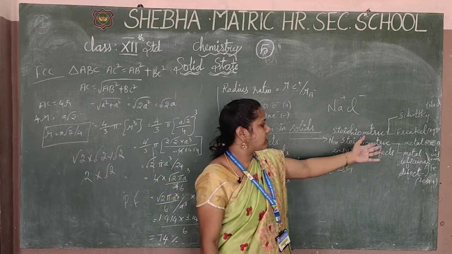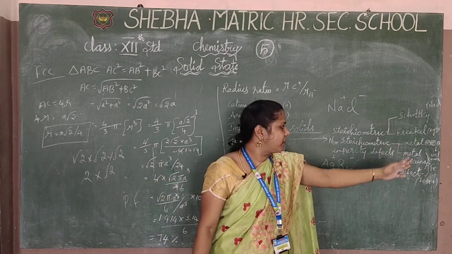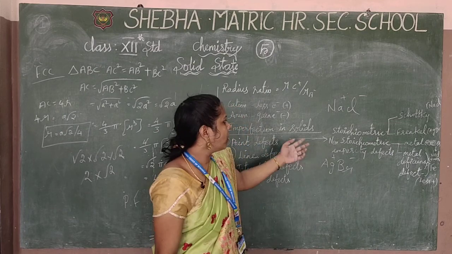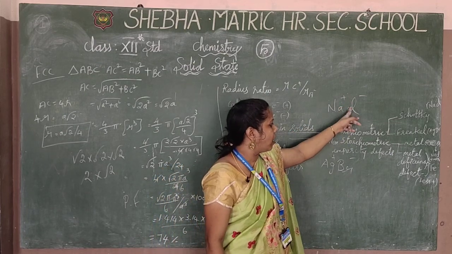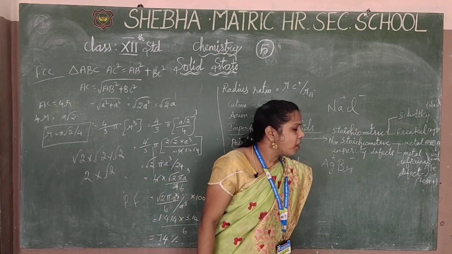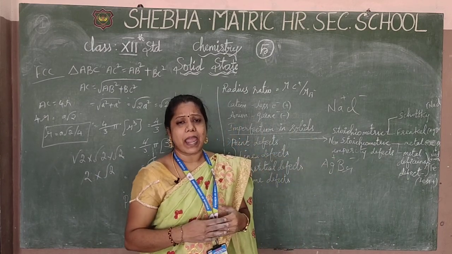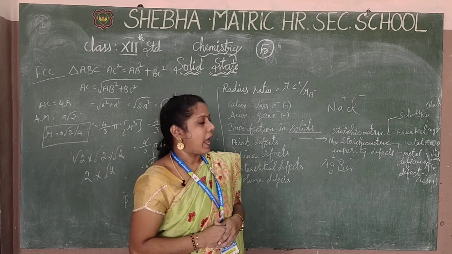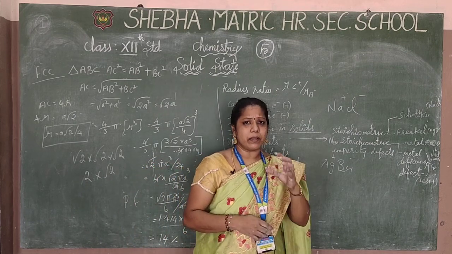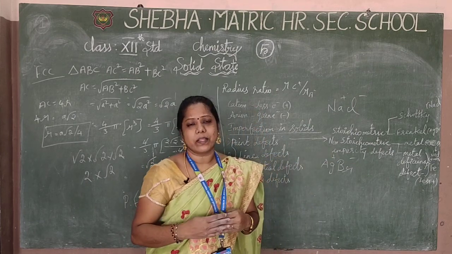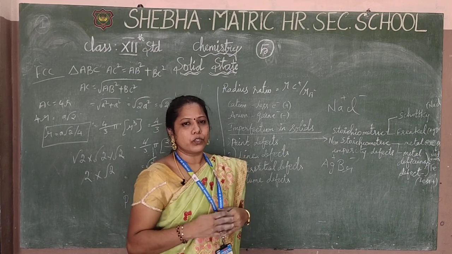In this metal excess also I am going to consider sodium chloride as the example. In sodium chloride, there are more cations compared to the anions. When compared with anions, the number of cations will be a little higher.